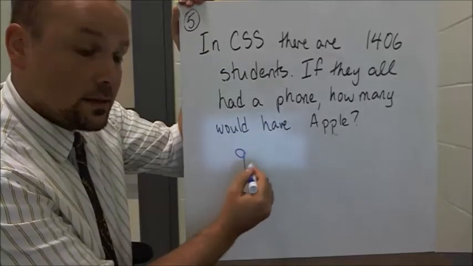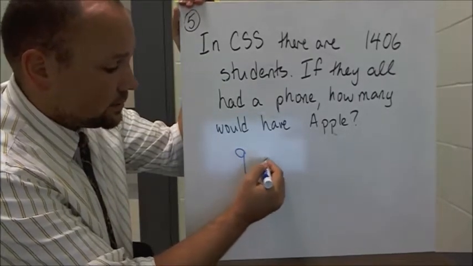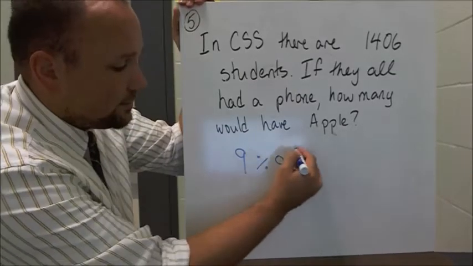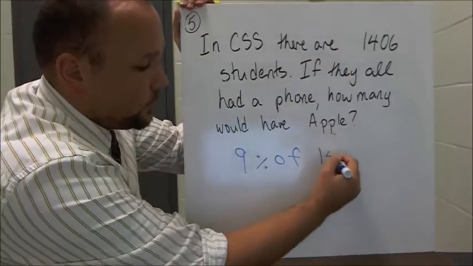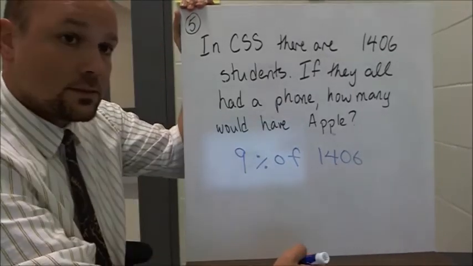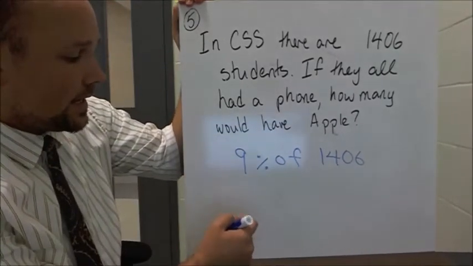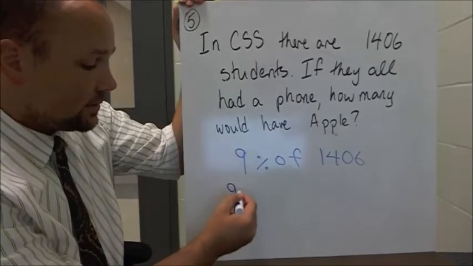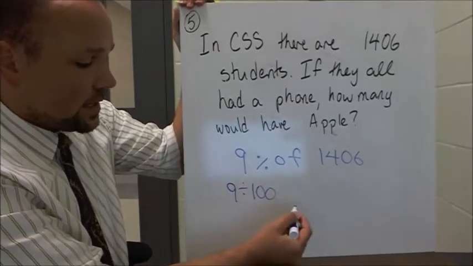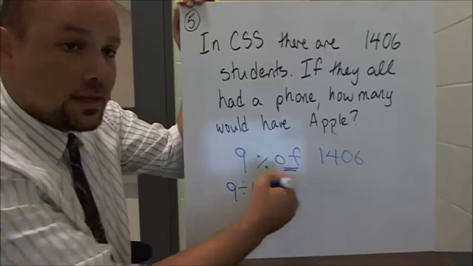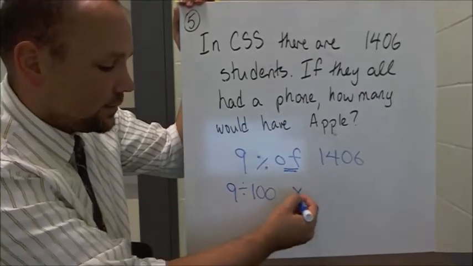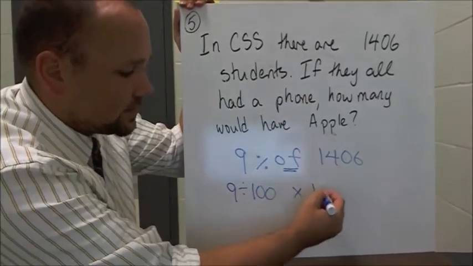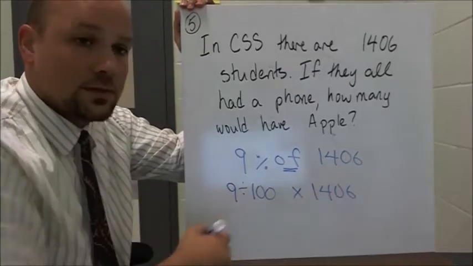So 9% of 1,406. The way that we calculate that is we change this to a decimal, so 9 divided by 100. And then the word "of" is like multiplying. So 9 divided by 100 times 1406.